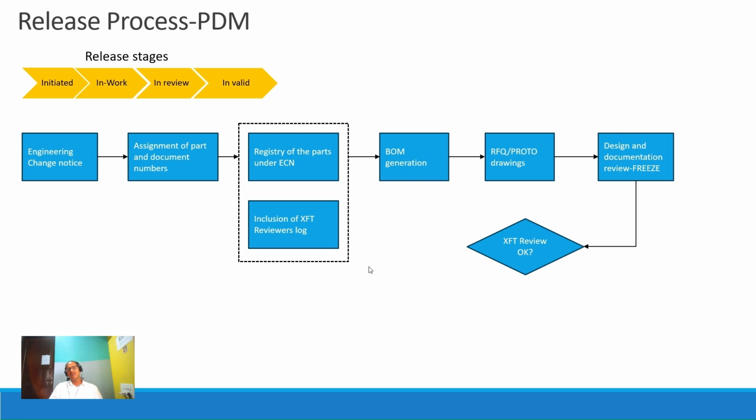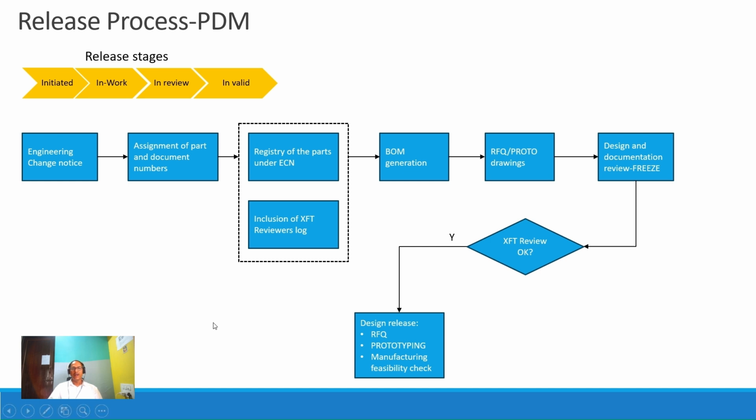If the cross-functional team says, okay, whatever you have done is okay, and we are approving your technical solution for the development, then it goes for the design release. This design release is mainly done for RFQ.